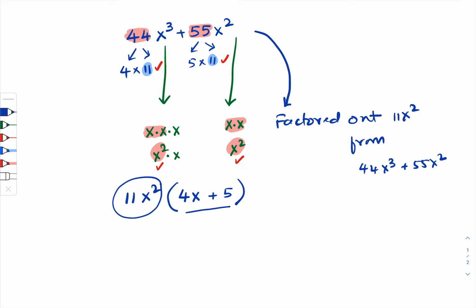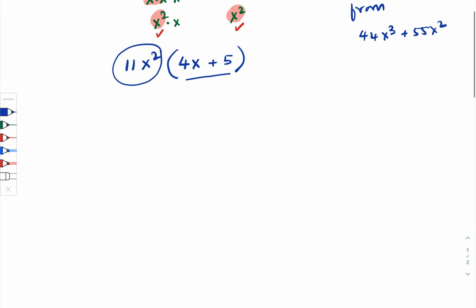Okay, let's take a look at another problem. This one looks a little different, but the process is the same: 2xy minus 8y plus 3x minus 12. As you can see, there's an even number of terms.